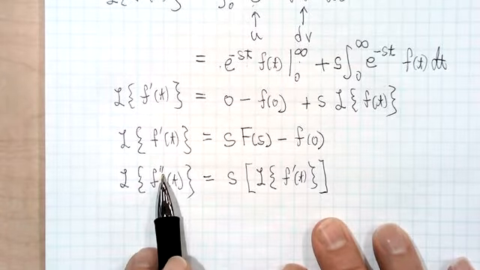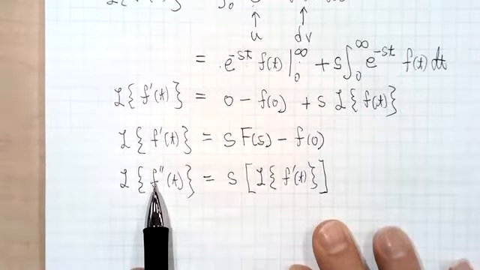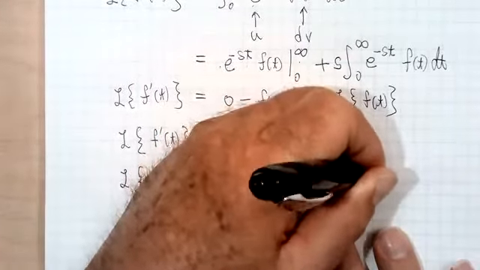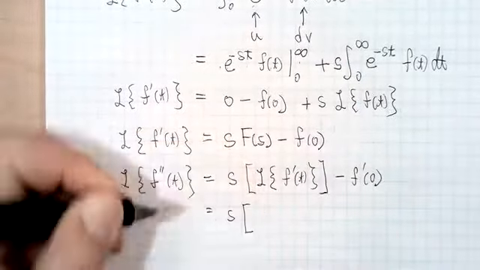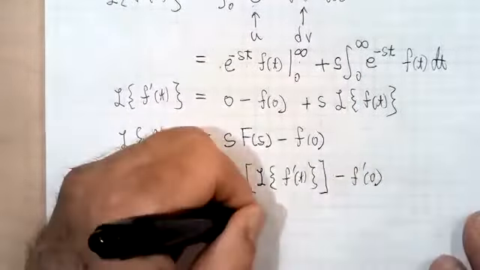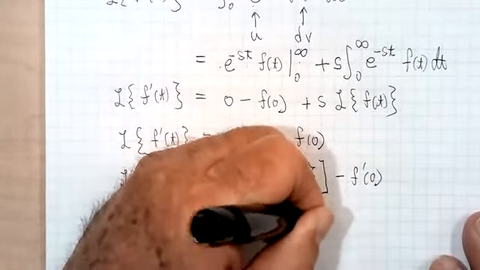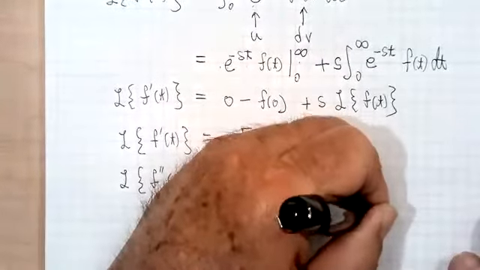Taking off one derivative, notice I went from f prime down to f here. So I'm going to go from f double prime down to f prime. And now I plug in what I had on the previous step, s F at s minus little f at 0, close the bracket, minus f prime at 0.